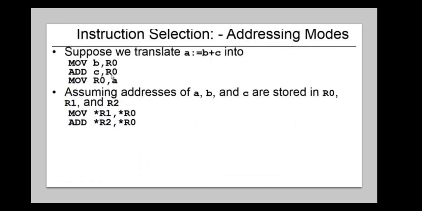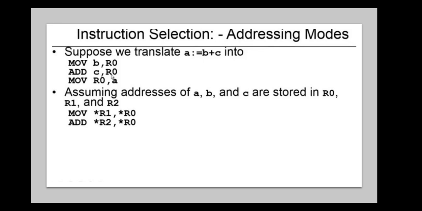Now the instruction selection and addressing modes. Suppose we translate a := b + c. We have move b, R0, so R0 will have the value of b, and now add c, R0, meaning R0 becomes b plus c, which is the main thing that happens here.